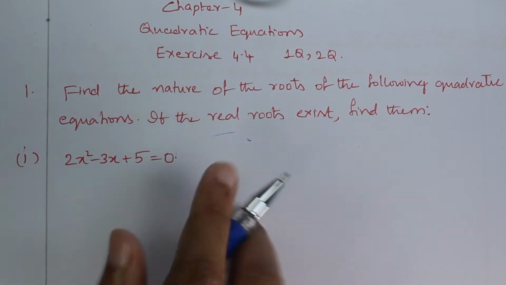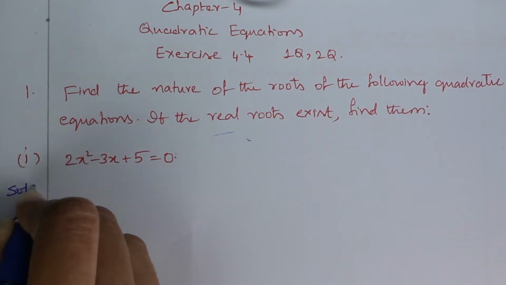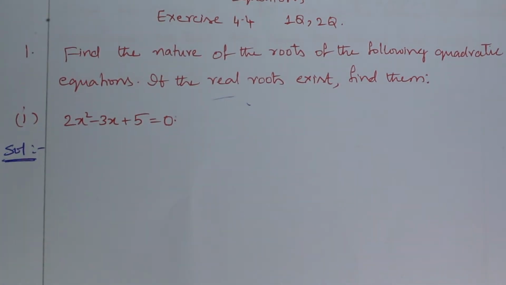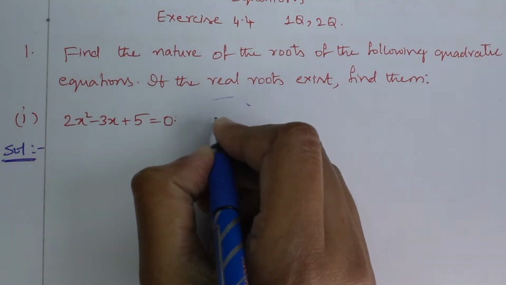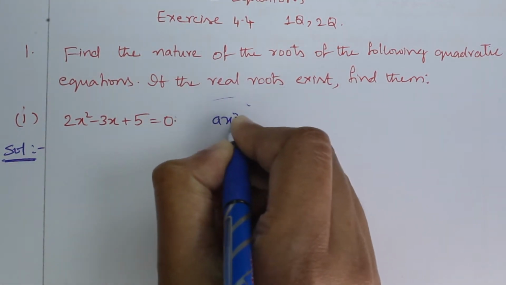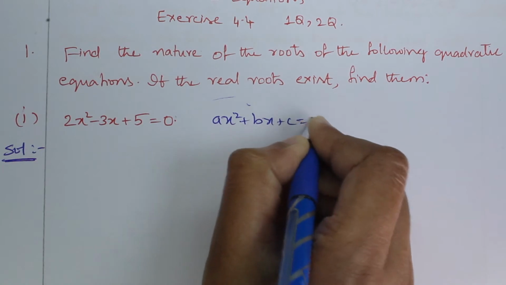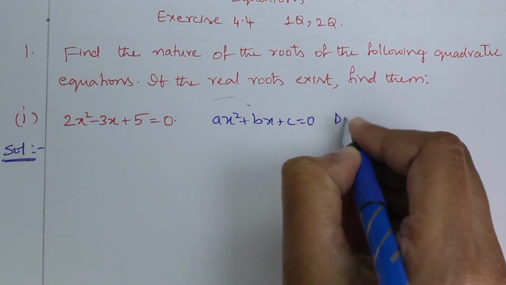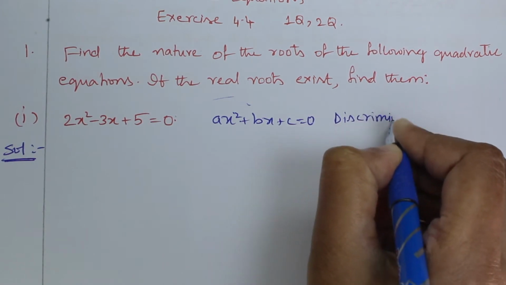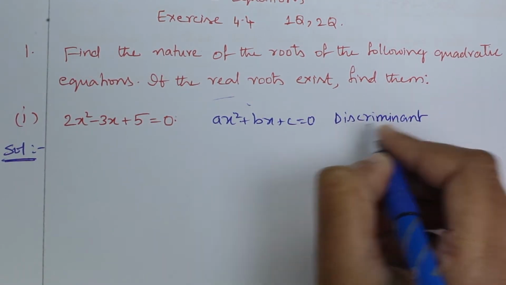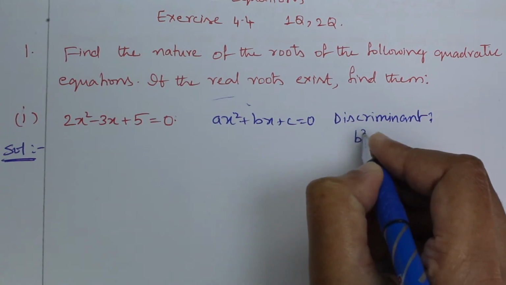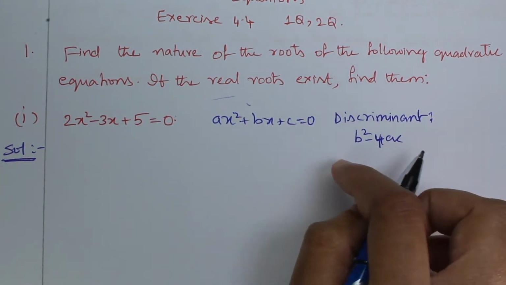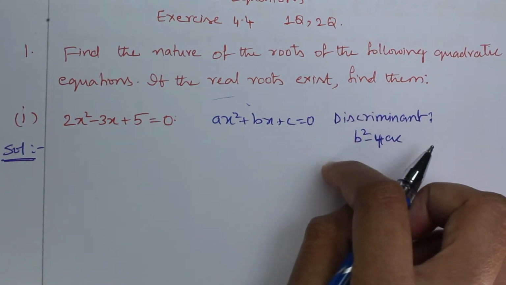So first of all, to find out the nature of the roots, we have to calculate the value of the discriminant. If a quadratic equation is of the form ax square plus bx plus c is equal to 0, then the discriminant becomes b square minus 4ac. Using this discriminant value, we can find out the nature of the roots.